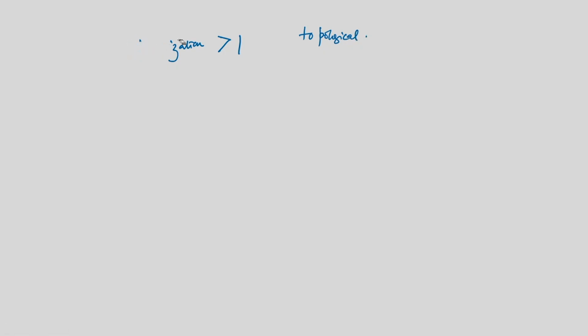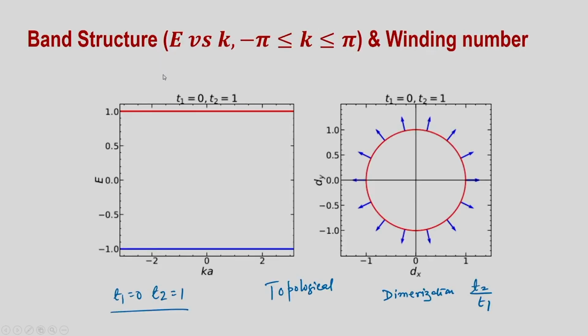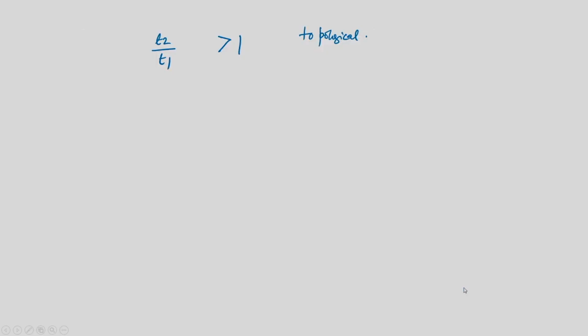Or let us not call it dimerization, let us call it basically T2 by T1. It is a dimerized model of course, but let us not talk about this as dimerization; you can call it a hopping anisotropy parameter or something. So this anisotropy being greater than 1 is topological, equal to 1 is critical, and less than 1 is trivial.